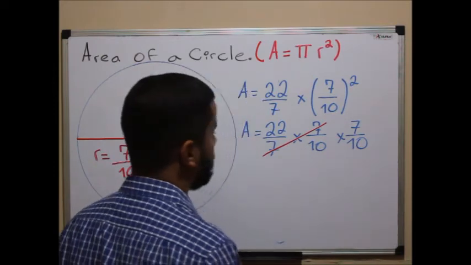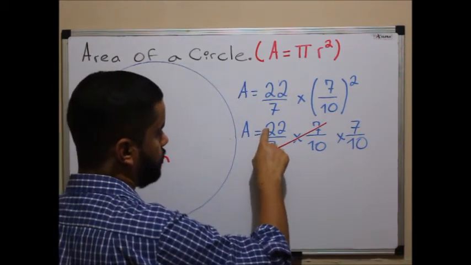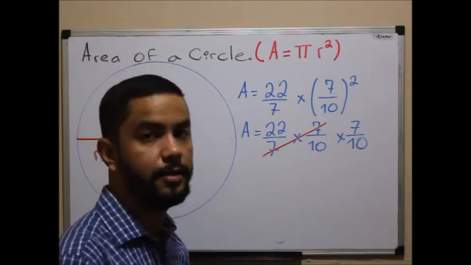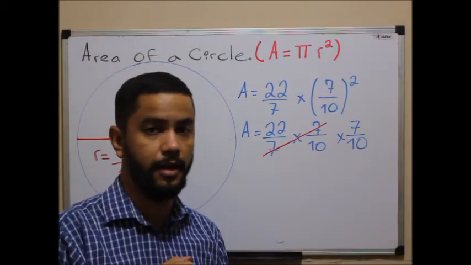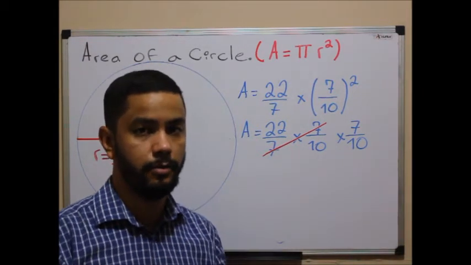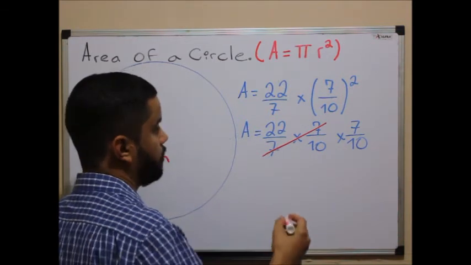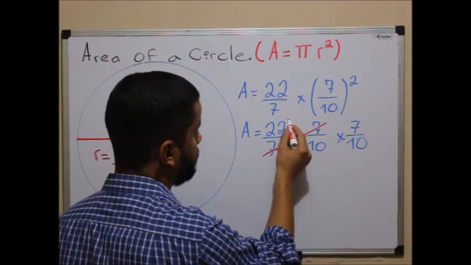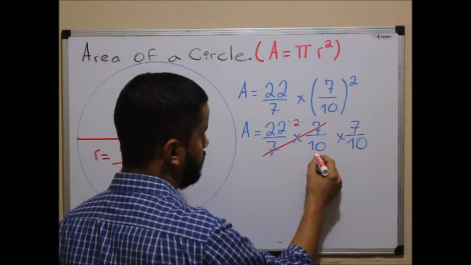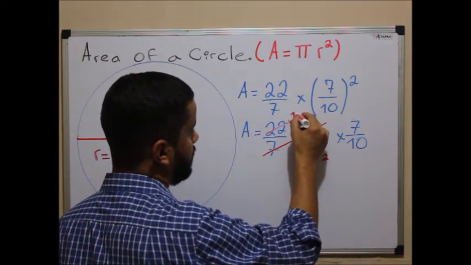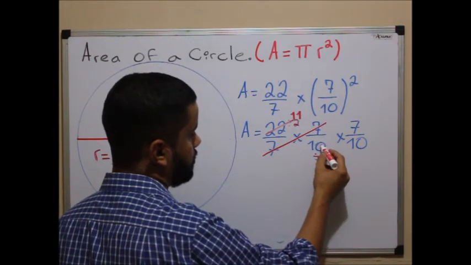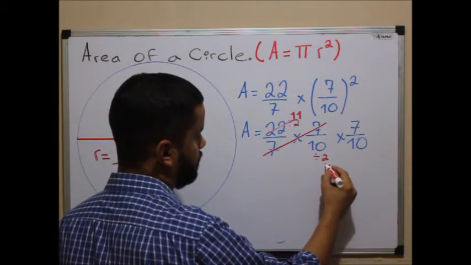And now we're having here 22 and 10, so we can simplify them now to get an easier numerical work. So we're going to divide them by 2. 22 divided by 2 will be 11, and 10 divided by 2 is 5, like that.